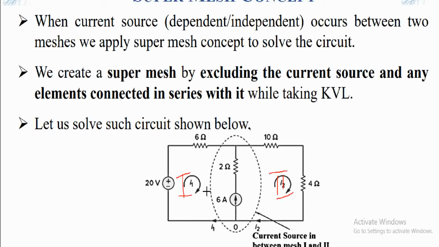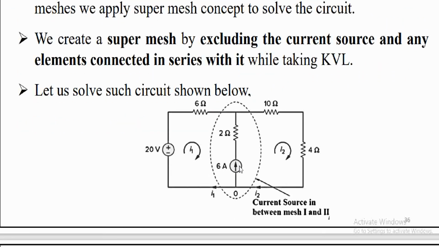For applying a super mesh, we need to exclude the branch where we are having a current source. That branch should be eliminated, and after removing that branch we have to apply KVL. But before excluding, we need to specify this I1 and I2. After removing this common branch, we also have to remove the element connected in series with it.